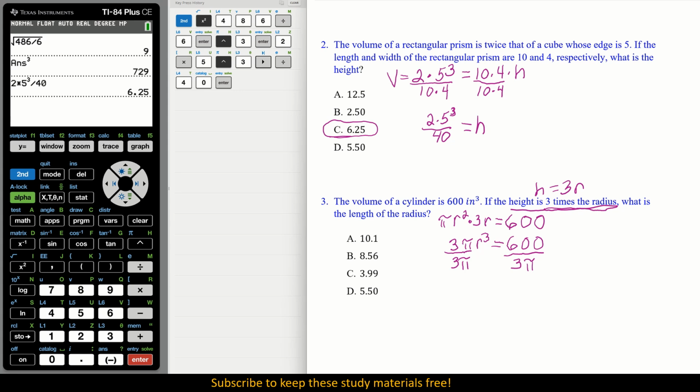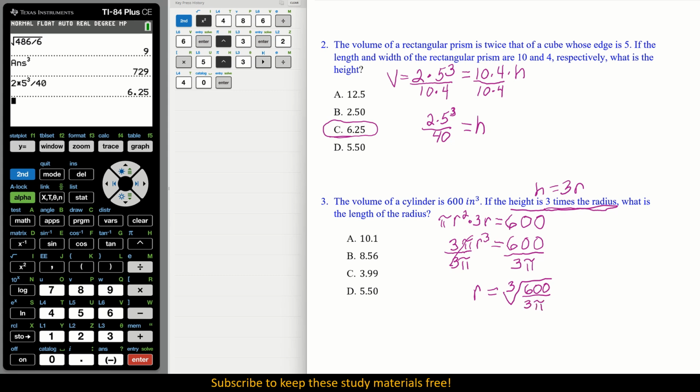And then what's really going to happen? This cancels out, and then both sides need to be put under the cube root. So if we take the cube root of r to the third, that will give us r, but then we have to do it over here, and that will give us 600 over 3 pi.